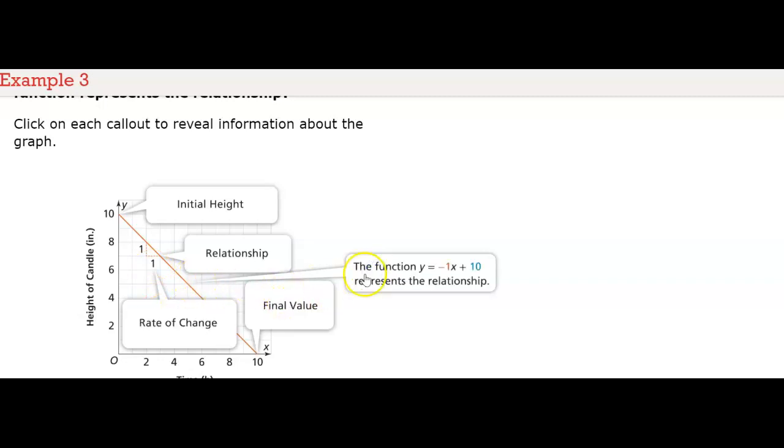And then you write the function as this equation, y equals mx plus b. The function is y equals negative 1 times x plus 10, negative because it's decreasing, and 10 is your initial height, which is your y-intercept b. The final value is after 10 hours, when the candle will be burned completely out.